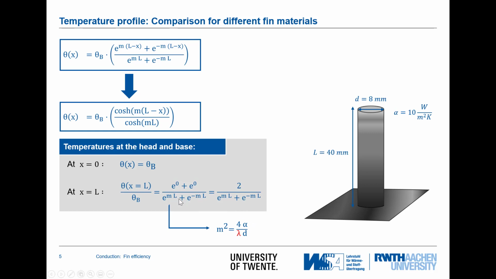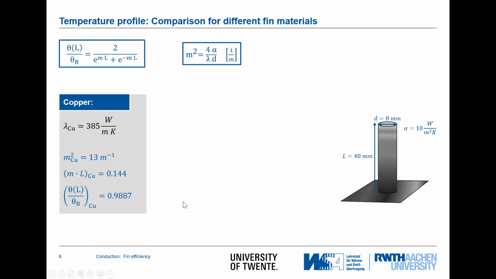And we can now insert the fin parameters and see what happens if we change the thermal conductivity. Of course, this bottom part will change, and as such we will have different values for the temperature at the fin top.